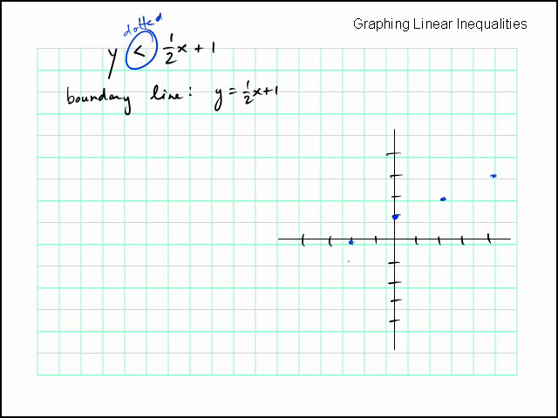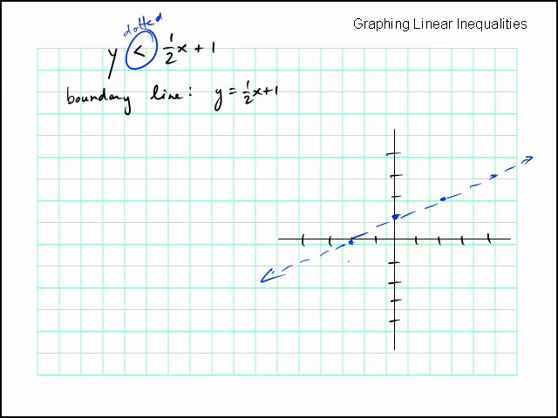So this is a dotted line, or I'll make it a dashed line, like that. What that means is the points right on the line are not solutions in this case. If the line is solid, then the points on the line are solutions. Now I have to figure out which side to shade. Which side contains all the solutions?